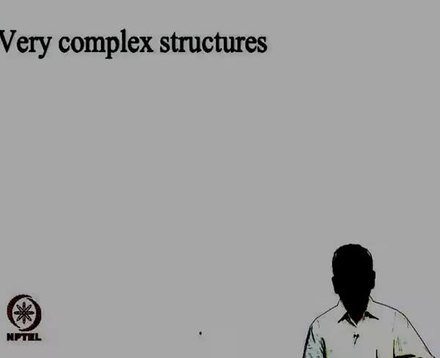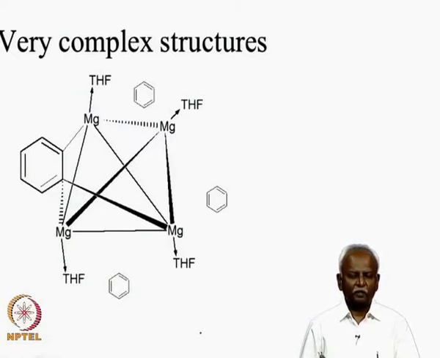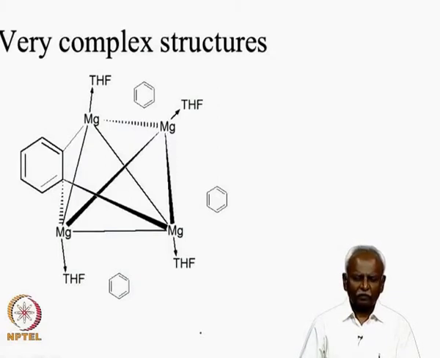Let me now move on towards the structures of metal alkyl complexes. They are in fact extremely complex, and some of them have been crystallographically characterized, and I have pictured for you right here the phenyl magnesium complex, which is stabilized by THF.